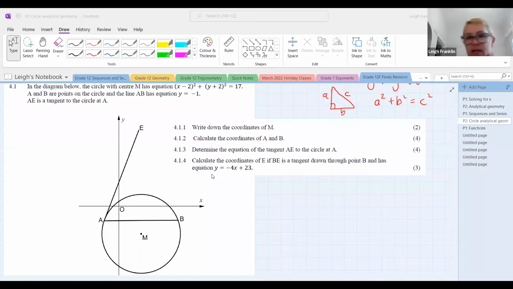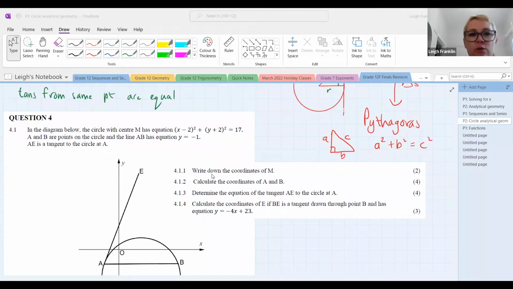If they tell us that a line has an equation y equals, straight away, what sort of line is that going to be? Not straight is true, but more than straight. I want a word more than straight.